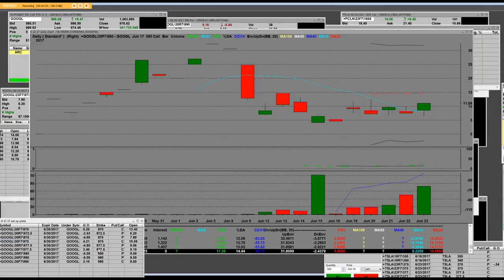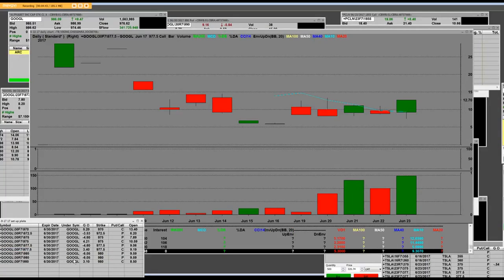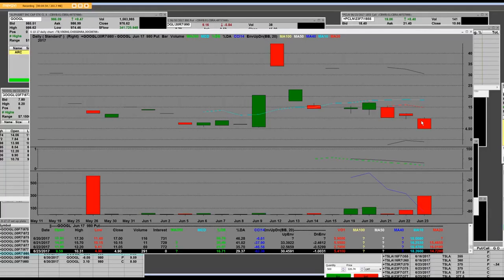One of the things that I'm going to show once again is this call chart, which we already covered, and we went up to 1490 in that one. And another thing that we're going to show is the 980 put, once again, out of the money. And this thing went from $10.30 down to $4.90.